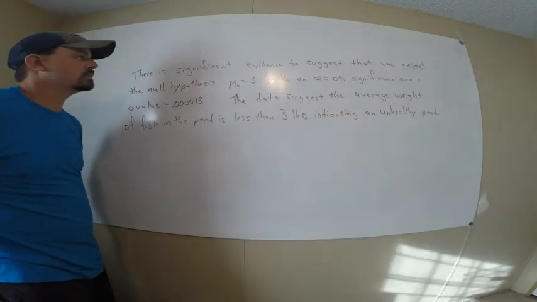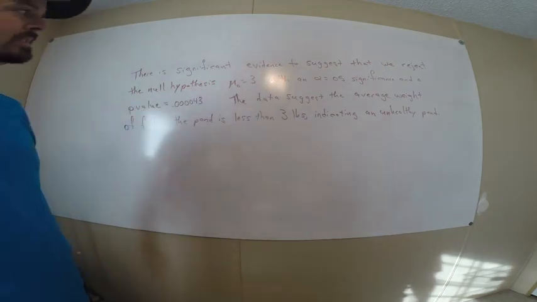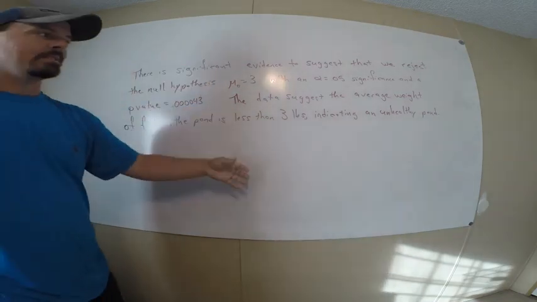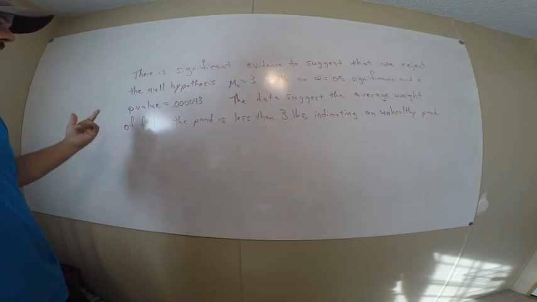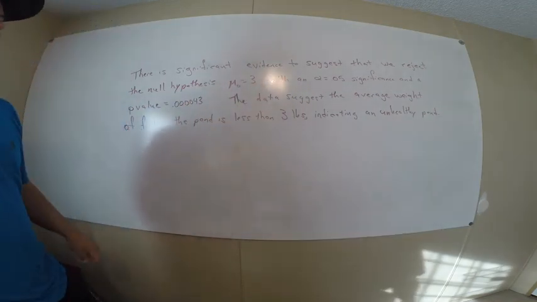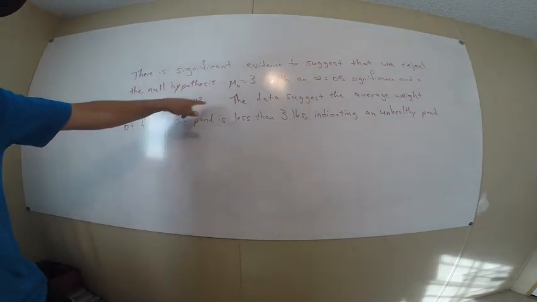So this one's written a little differently, but the main thing is you get these several important elements in there. So you can kind of see a common range of elements through all these that I'm going to do today. It says there's significant evidence to suggest that we reject the null hypothesis mu naught equals 3 with an alpha equal 0.05 significance and a p-value equal to 0.000043.